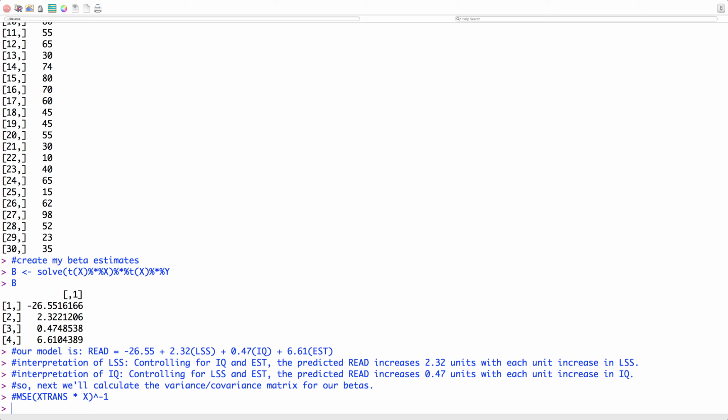Guys, first of all, we'll calculate the mean square error, and the sum of squares for the error, which we'll need later, is calculated this way.